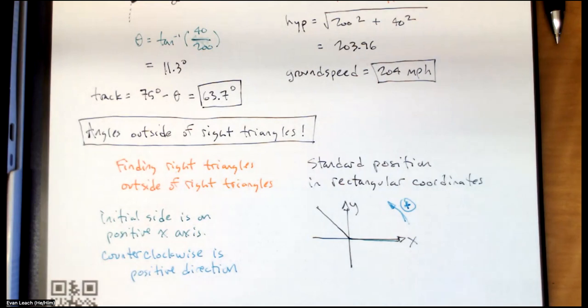So if I've got an angle that ends in the second quadrant like this, we measure from the positive x-axis. The positive direction would be counterclockwise to the terminal side.